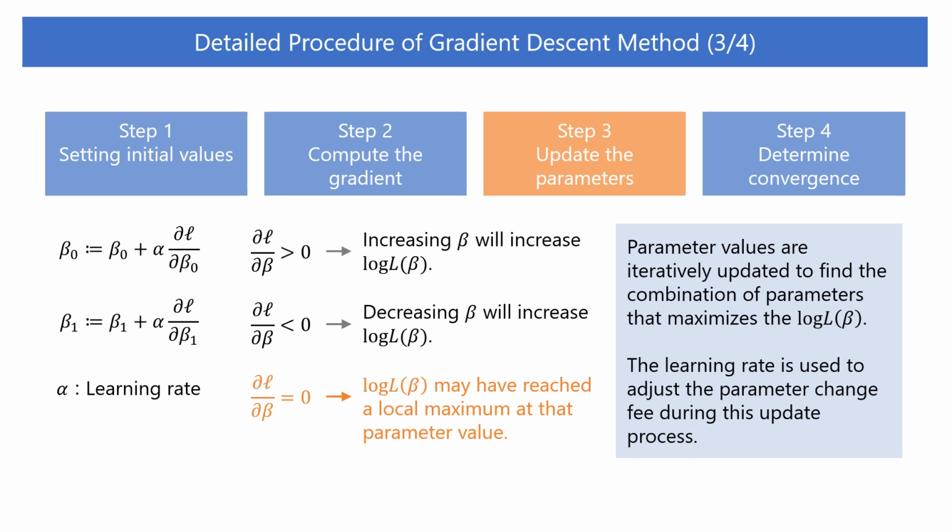Other conditions, such as the sign of the second derivative, must also be considered here to ensure that the log likelihood function is at its maximum value. In the gradient descent method, parameter values are iteratively updated to find the combination of parameters that maximizes the log likelihood function. The learning rate is used to adjust the amount of the parameter updating during this update process.